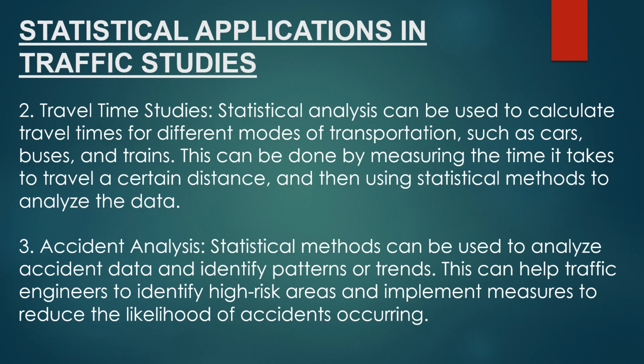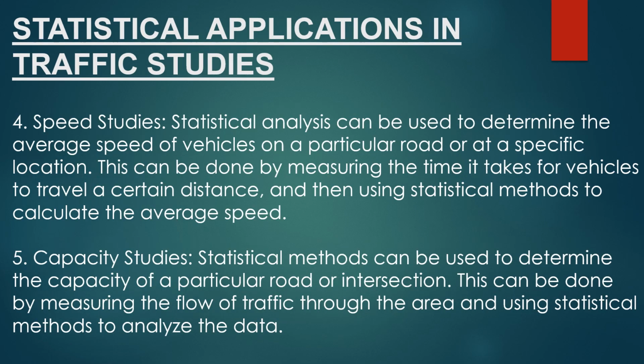Here also statistical methods can be used to analyze accident data and identify patterns or trends which have been repeating. This can help traffic engineers to identify high risk areas and implement measures to reduce the likelihood of accidents occurring in the near future.